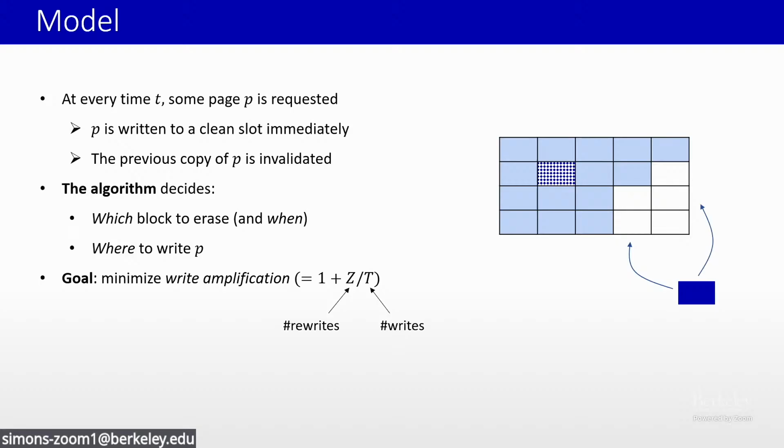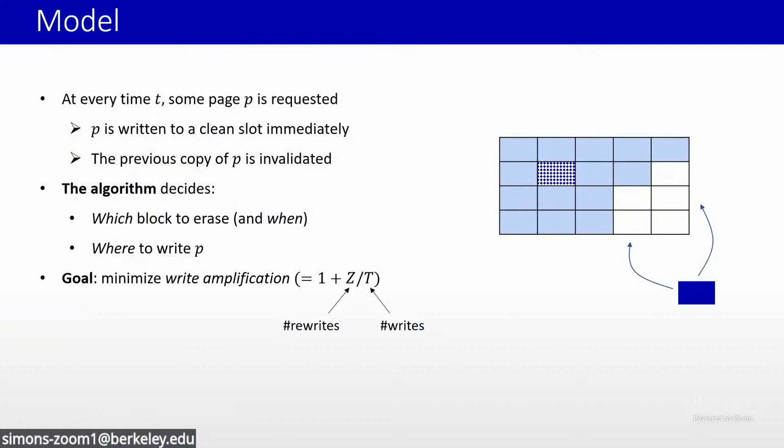Now, the number of writes is, of course, a lower bound on the number of slots that we have to write when taking care of a request sequence. We add +1 so that this ratio will always be at least 1.